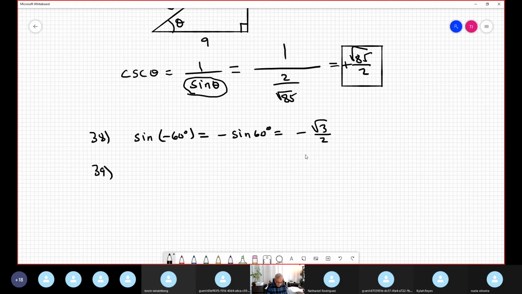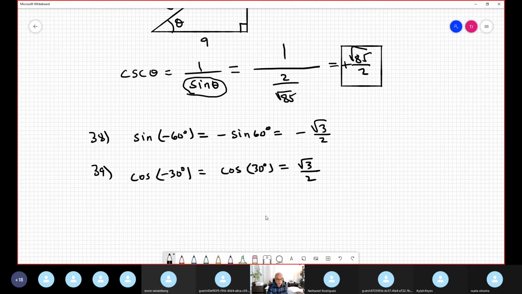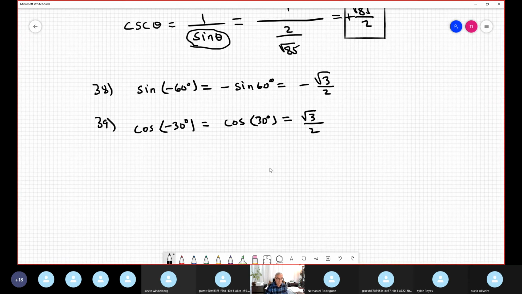Look at this example, Noela. Cosine of negative 30 degrees is equal to cosine of positive 30 degrees. Okay, it's the same value, radical 3 over 2, but opposite. I don't care. In the cosine and secant, I don't care about the sign. So don't be frustrated with the negative angle, because you apply that property, even-odd.